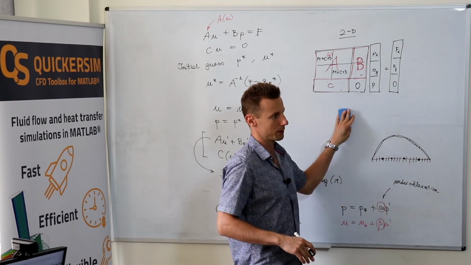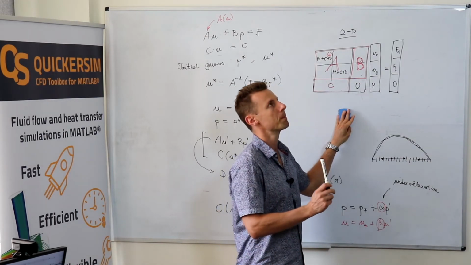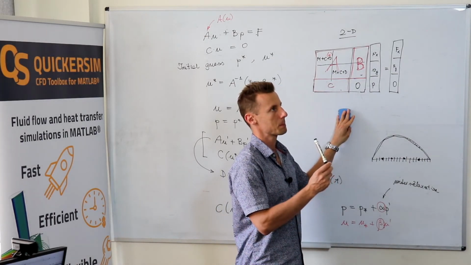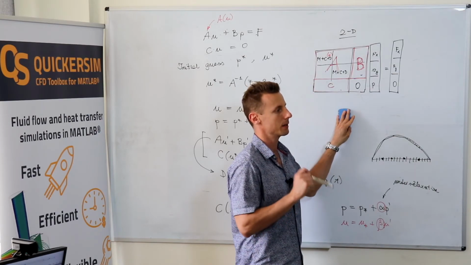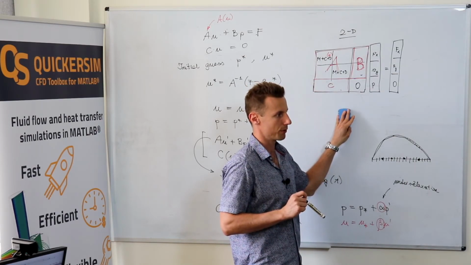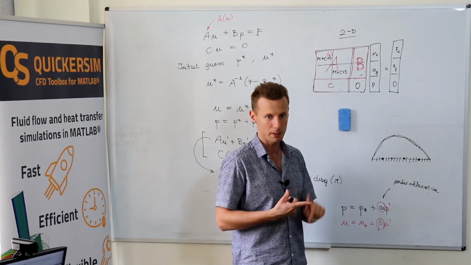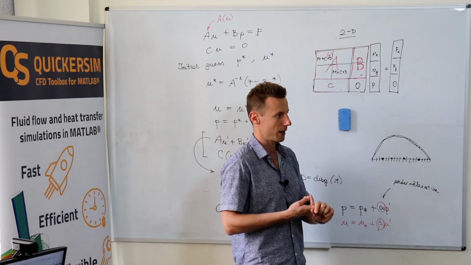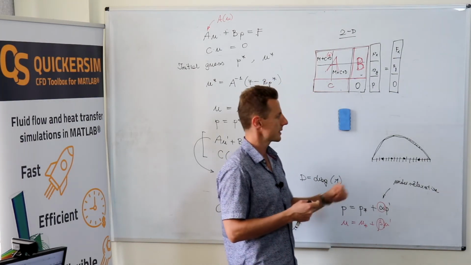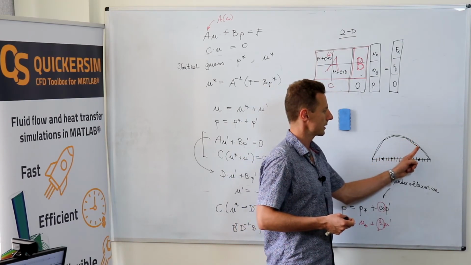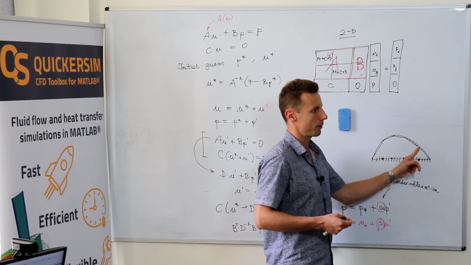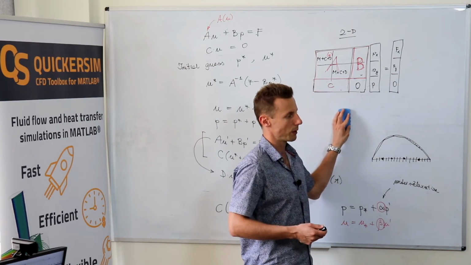But there are ways to do that. Like, it turns out that the classical iterative linear solvers, like Jacobi, Gauss-Seidel, successive over-relaxation, they tend to smooth out the error here very quickly.